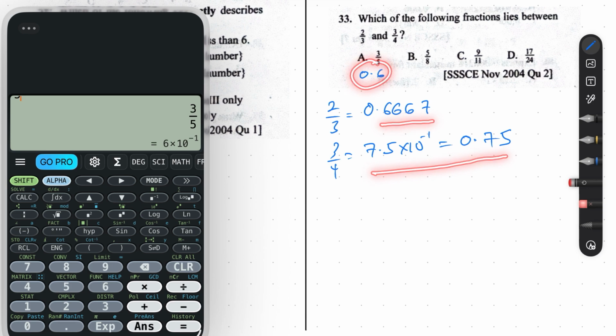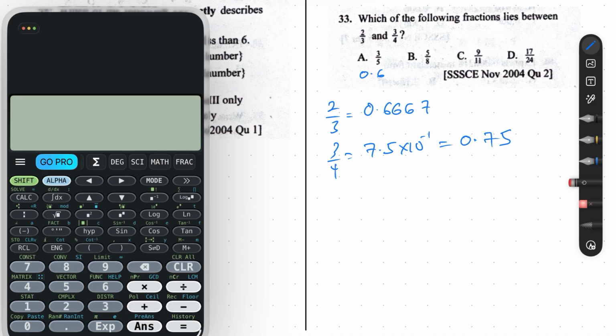Of course not. Let's check the other numbers and see. It says which of the following fractions lie between 2 over 3 and 3 over 4. So let's continue with the other fractions.